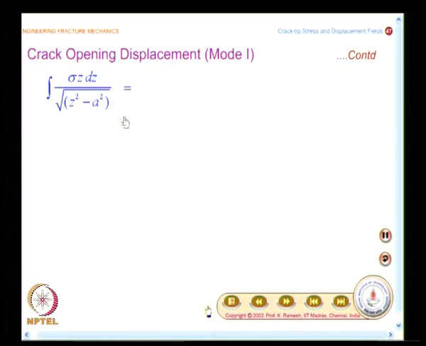So, when I have to evaluate the integral of this, you could substitute another variable. You could define m equal to z squared minus a squared. Once I define m like this, you could find dm, which is nothing but 2z dz.